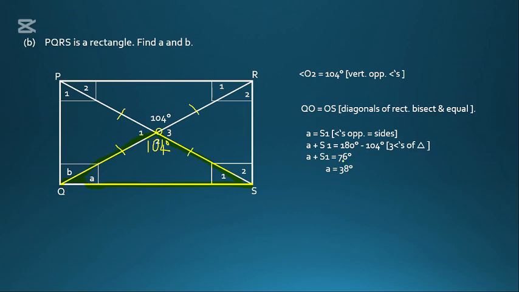So A is half of 76. A is equal to 38 degrees. We write it in. Okay, 38 degrees.